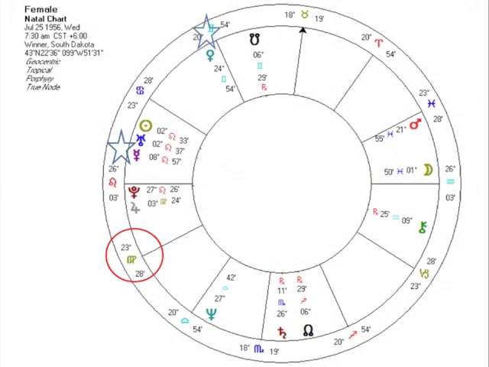And so perhaps this person has shied away from relationships because they've had to really internalize this time around to discover what their own needs are. I would also say that if you have Virgo on that second house cusp, there's a sensitivity there.